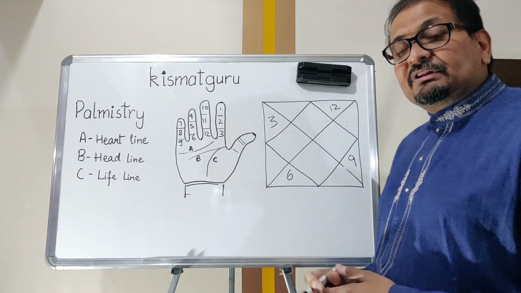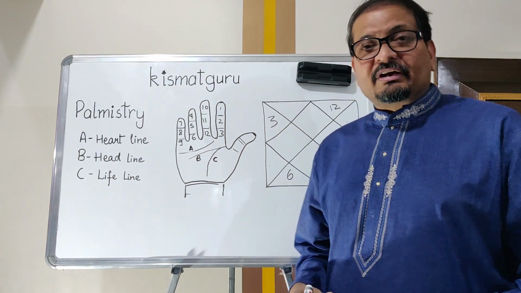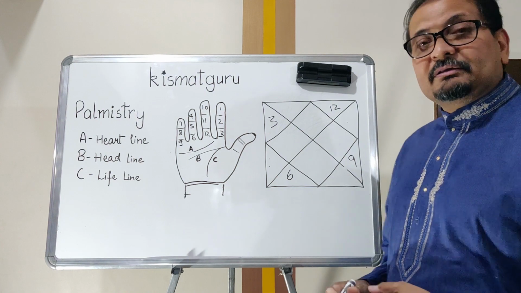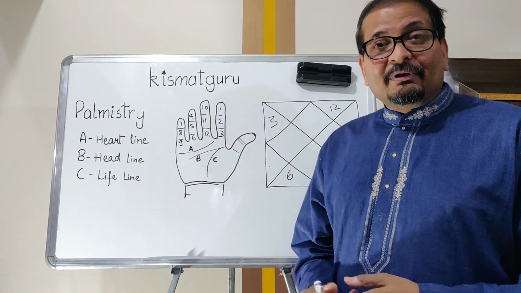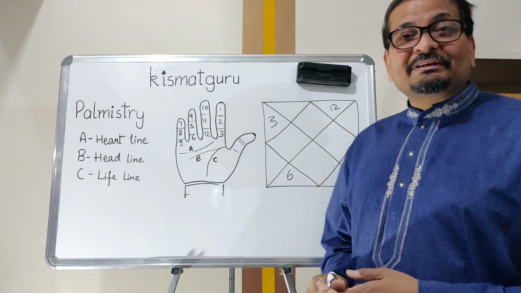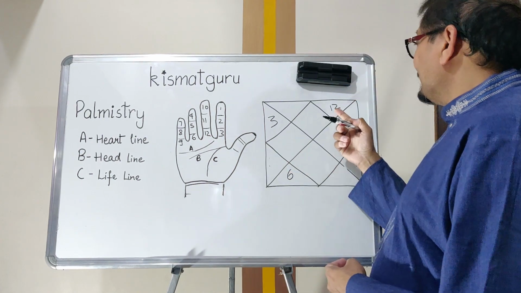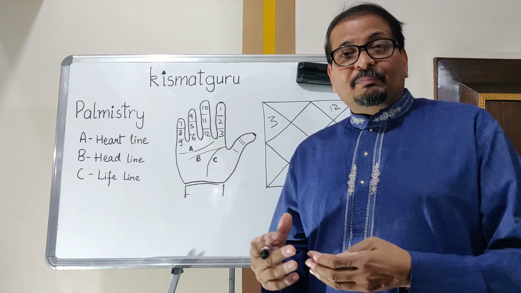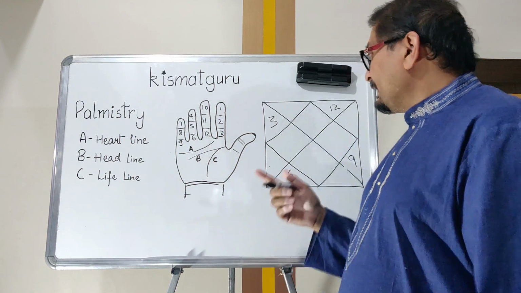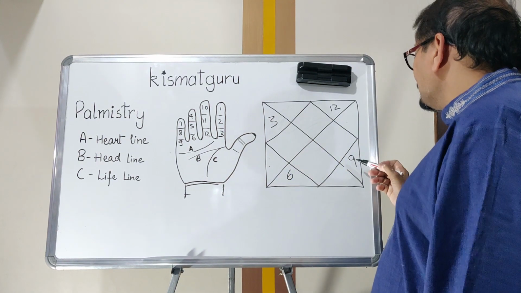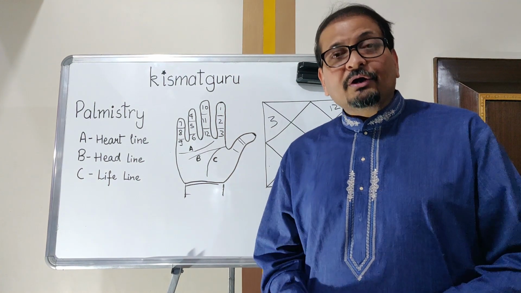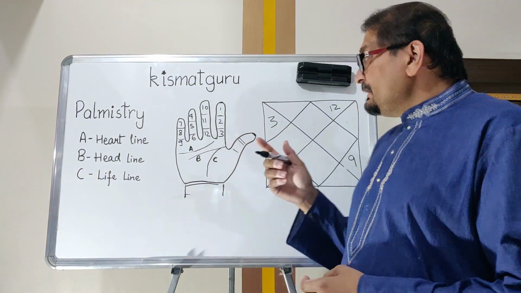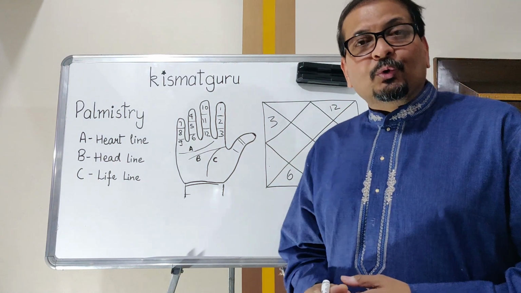Now, house number 3 is also short distance travel. House number 9 is long distance travel. So when you do long distance travel, you need house number 12 because this house is expense. So for travel, you need expense, and this expense is for our good life. Also, the combination of house number 3, 9 and 12 indicates long distance travel and even settlement abroad.